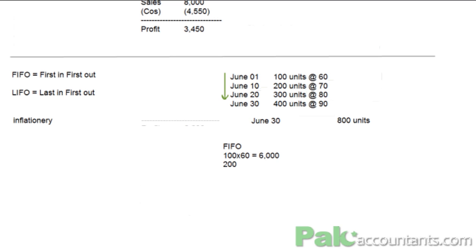Then 200 units for 70, which is 14,000. Then 300 units for 80, which is 16,000. And now you have to issue 200 more, then this will be for 90, and this is 18,000. Now this is the value of the stock that you have issued for production hall.